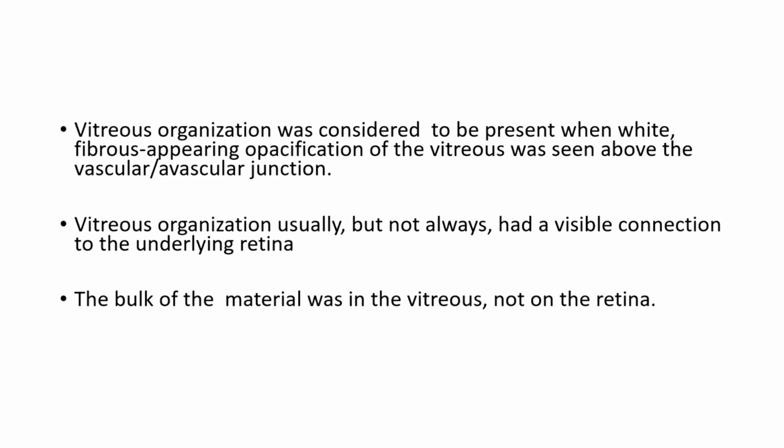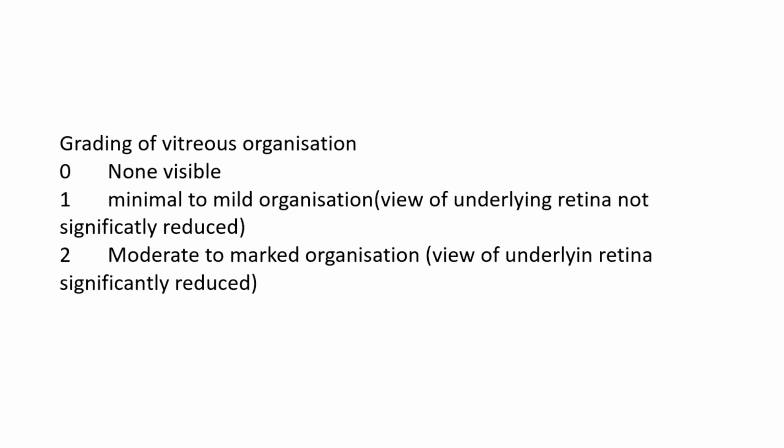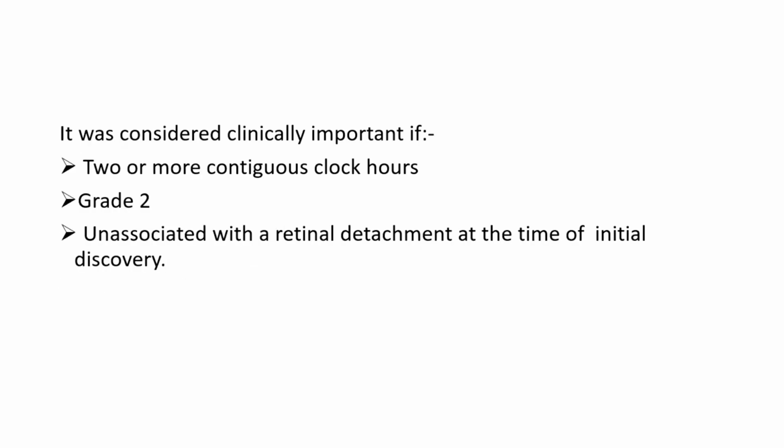So vitreous organization is considered to be present when white fibrous appearing opacification of the vitreous was seen above the vascular avascular junction. And this organization, not always but often, has a visible connection to the underlying retina, but the bulk of the material remains in the vitreous and not on the retina. They also graded the vitreous organization into 0, 1 and 2, with 0 none visible, grade 1 minimal to mild organization, but the view of the underlying retina is not significantly reduced, and in grade 2 the view of the underlying retina is significantly reduced.